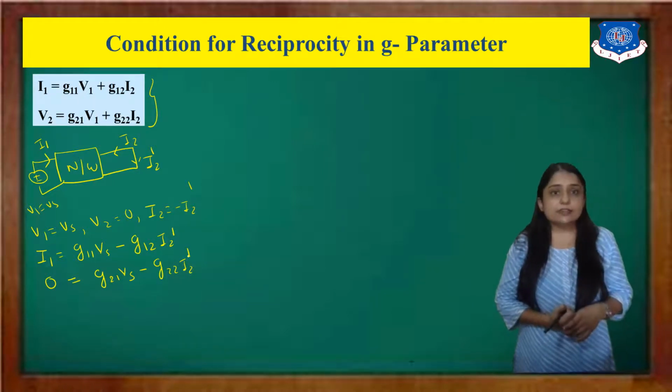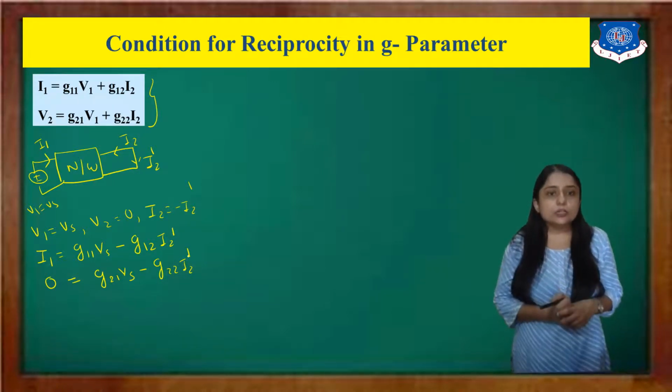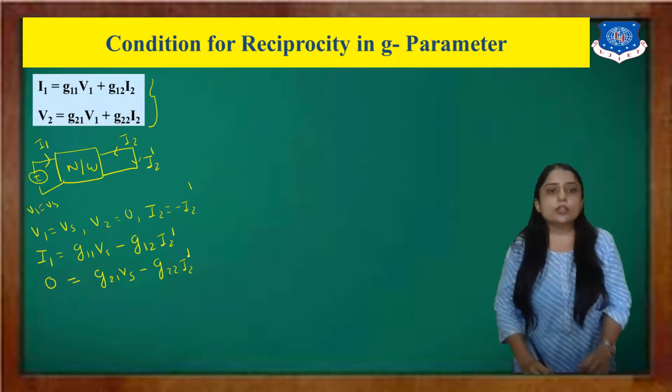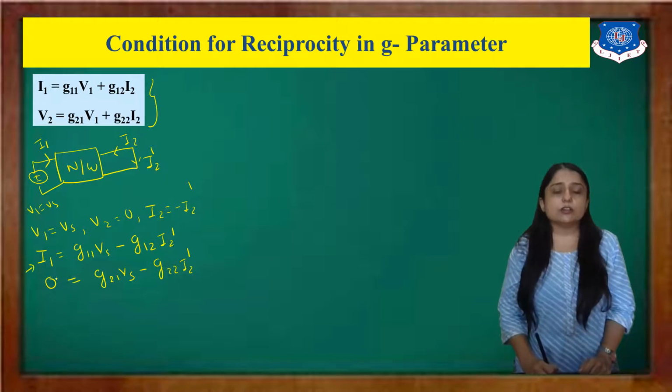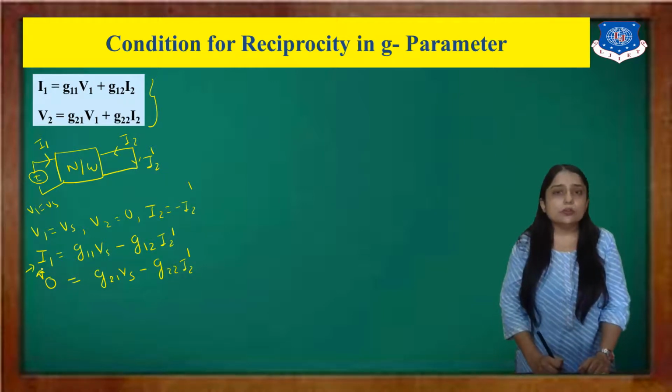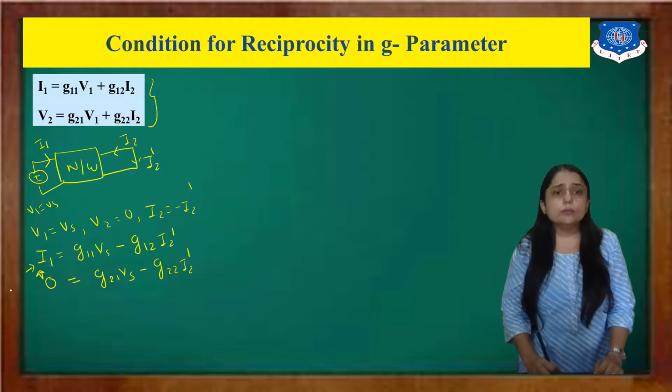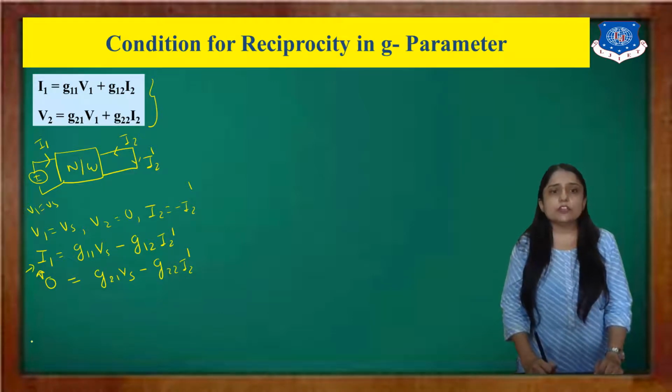See, as I said, I want the value of I2 dash in terms of G and Vs. So if I use the first equation, then here I have an unwanted term, that is I1. I don't want any term other than G and Vs. So I will use this second equation.